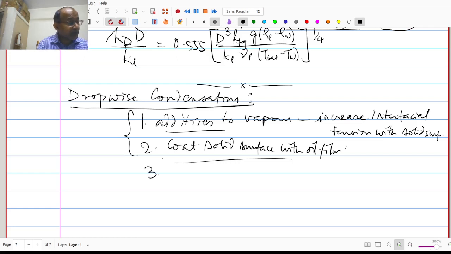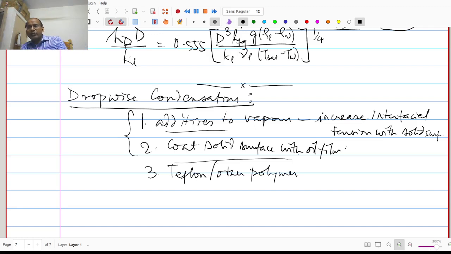The third possibility is to coat it with things like Teflon or other polymer. So this coating is more stable because the polymers stick to the surface better.